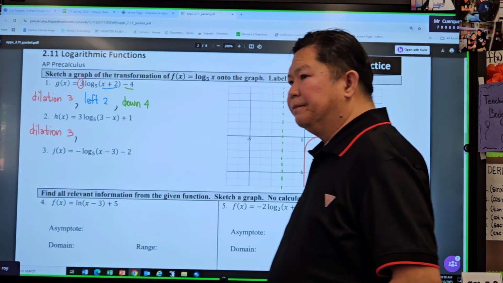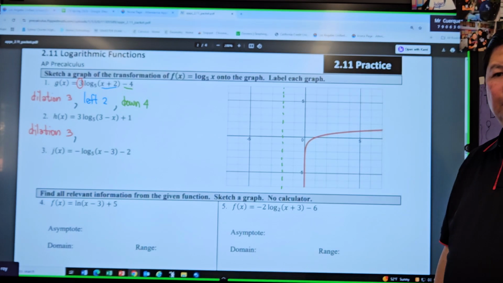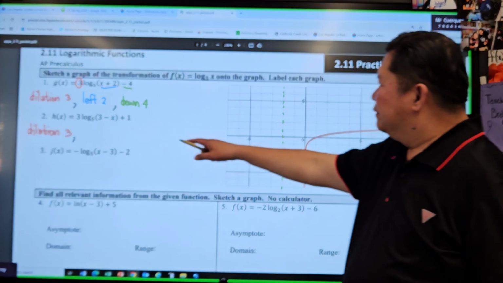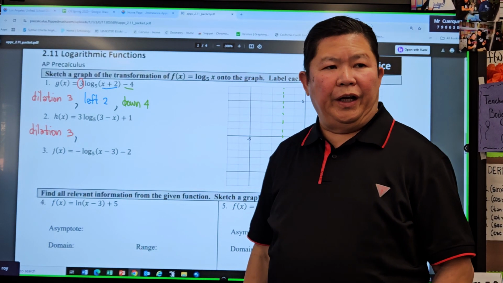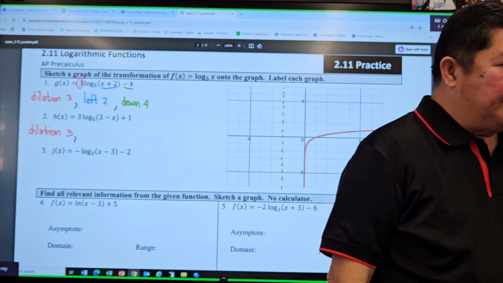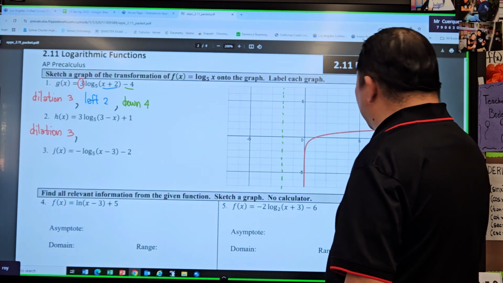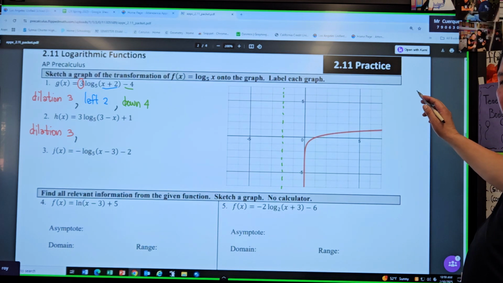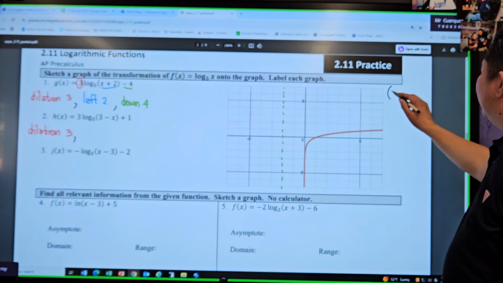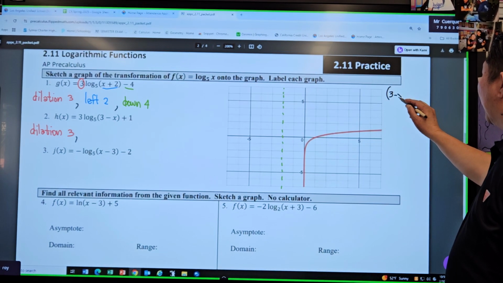Next. What about 3 minus x? Now, I'd like you to look at right here. I'll just write here the 3 minus x.